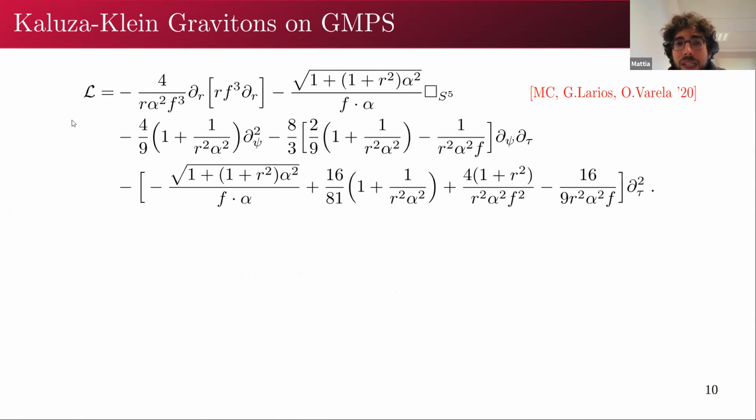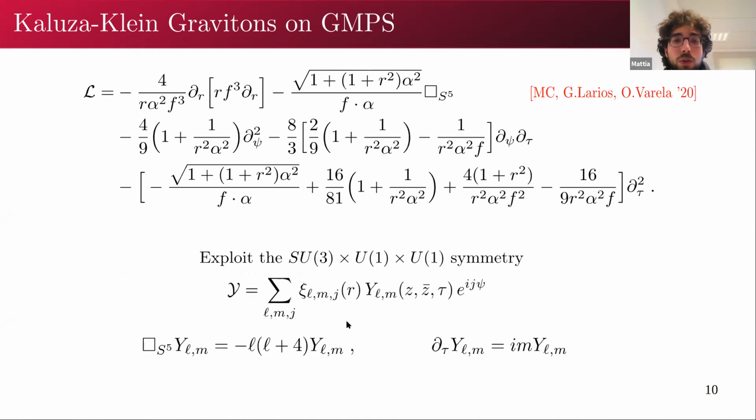Okay, so we have the mass operator, we specify it to the case at hand, so for our geometry, and then we employ the symmetry of the solution that allows us to further expand the eigenfunction in terms of eigenfunctions of the S5, which we can reduce to the SU3 factor, and then eigenfunctions of U1, where with U1, I'll be clearer later on what I mean, we mean the diagonal U1 of these two original U1s from before.